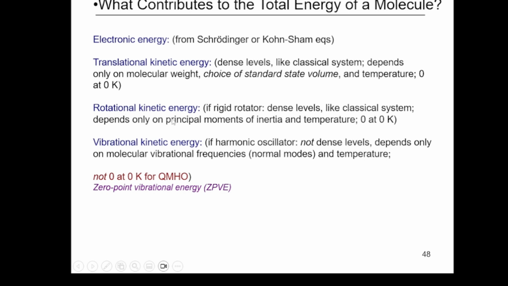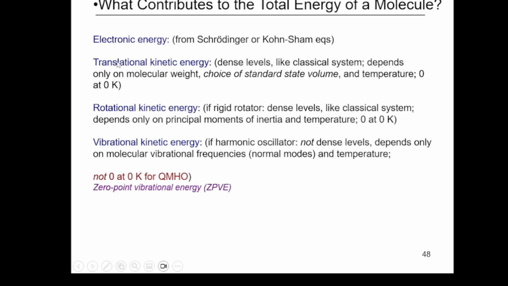If you talk about rotational kinetic energy, you can think about a rigid rotator. Again, it contains dense levels, just like a classical system. It depends only on principal moments of inertia, which depend on the masses and the separation between them, and also on the temperature, and again it is 0 at 0 Kelvin.